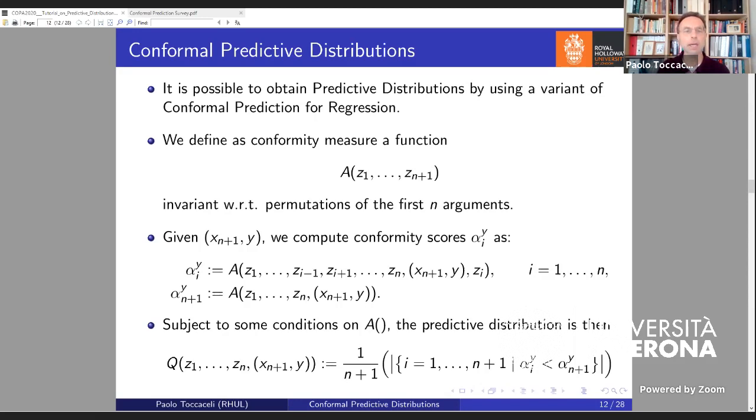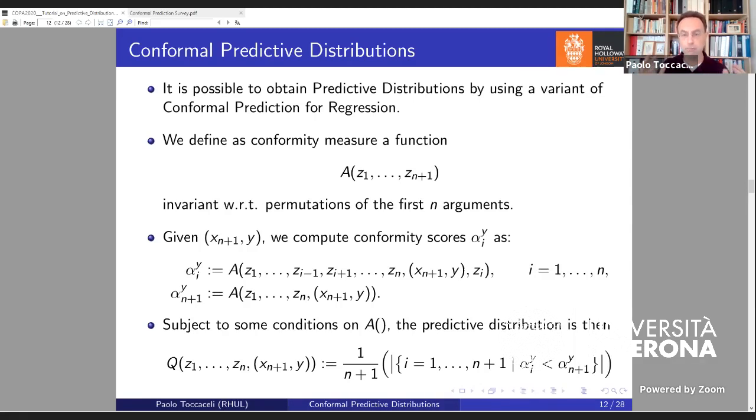So given a hypothetical observation made up of our test object and a hypothetical label, we compute conformity scores alphas by using basically the transductive approach. So the ith alpha is computed by taking the ith observation that we now use as the test observation and replacing in its place the hypothetical.